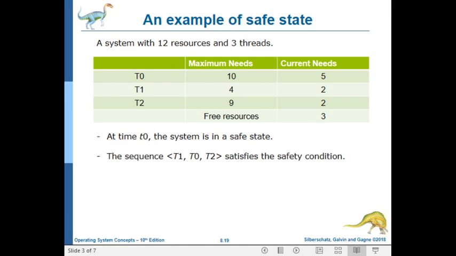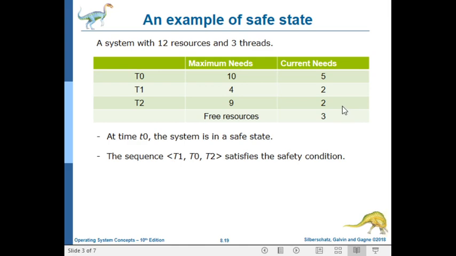So with 5, we can grant all the maximum needs of thread T0. After T0 terminates its execution, it will return all the resources that have been allocated to it. So now we have 10 currently available resources.